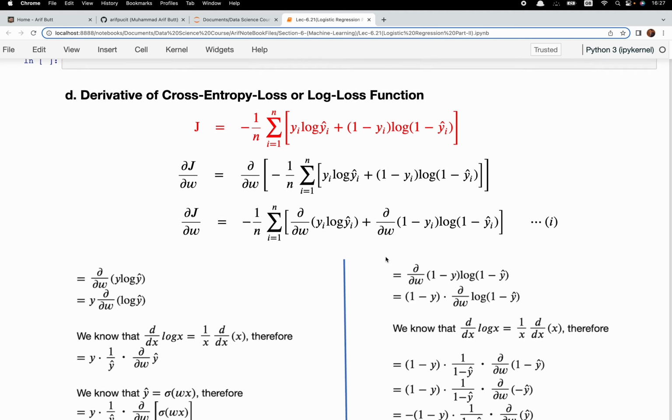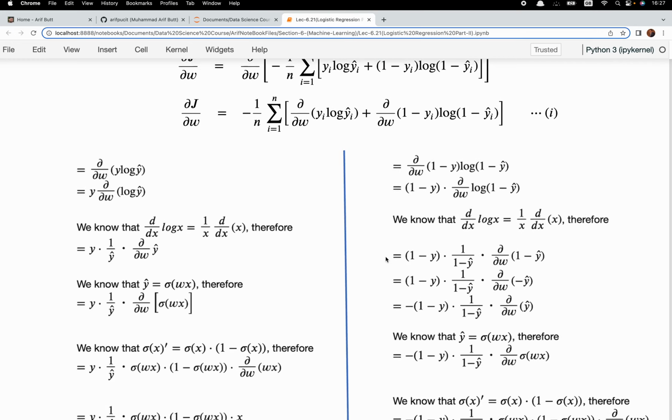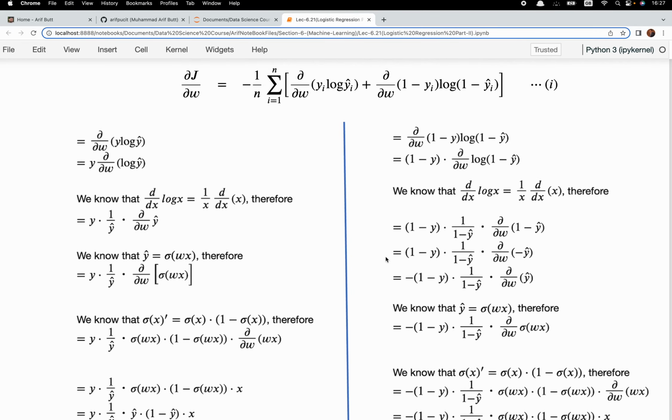I have differentiated these two terms separately over here, one on the left and one on the right. Please just keep a map. So this is the first term, y log of y hat, and I am doing the partial differentiation of this term over here on the left. And this is the second term, 1 minus y times log of 1 minus y hat, and this differentiation is done over here on the right.